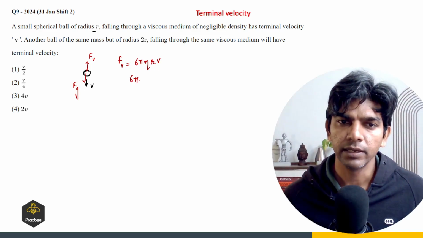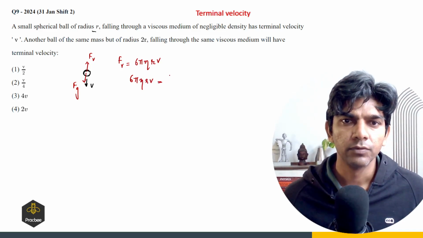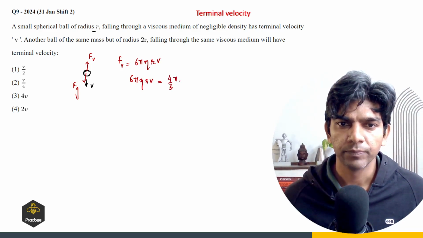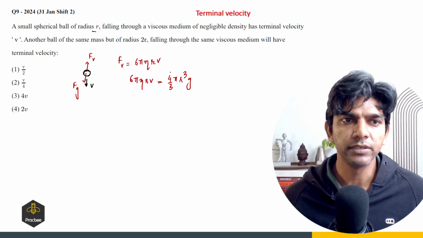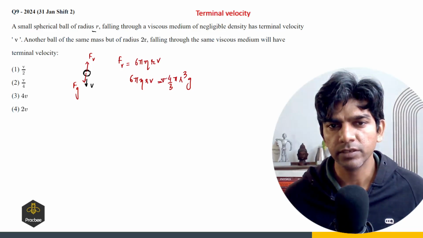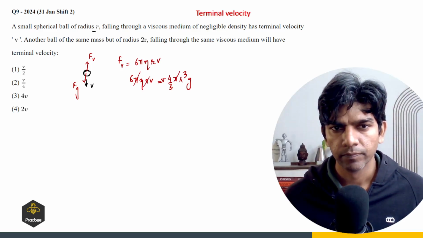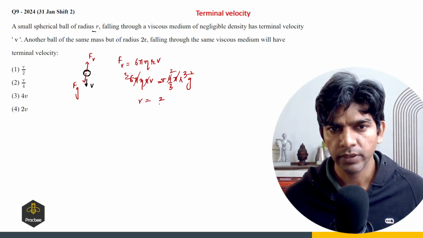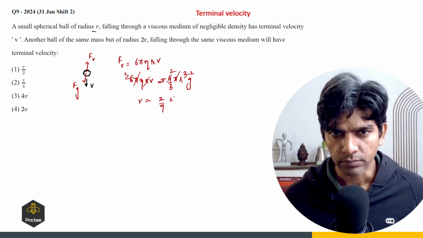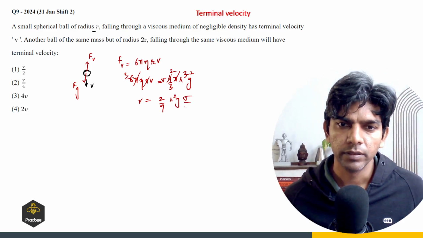So 6 pi eta rv must be equal to 4 by 3 pi r cube times g times the density of the ball. Let us take this density as sigma. Now from this we get, this will be 2 and this will be 3. So v comes out to be 2 by 9 r square g sigma by eta, right?